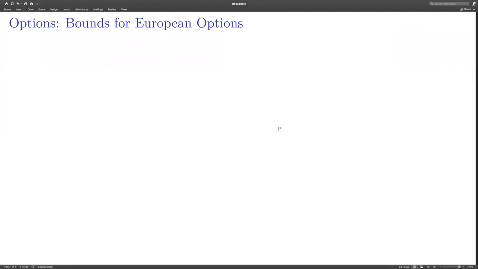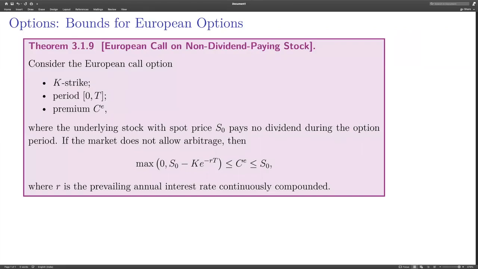Let us first obtain the bound of call options, and it is given by this theorem. So let's consider a European call option with strike K, and its expiration is at time t equal to capital T, and the premium is denoted by CE, where the letter C stands for call option and the superscript E is to say that this call option is of European style.